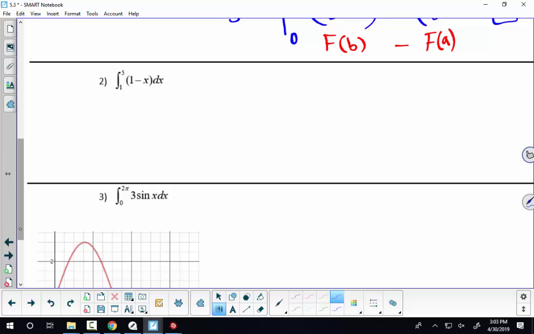Did anyone else get negative 8 yet? Or something different? Positive 8? Positive 8?